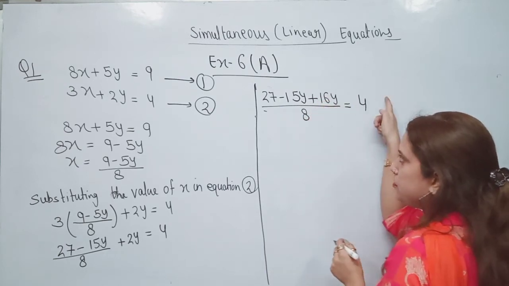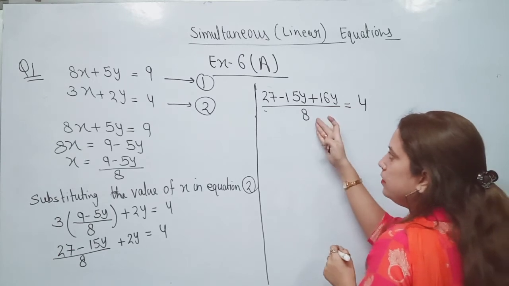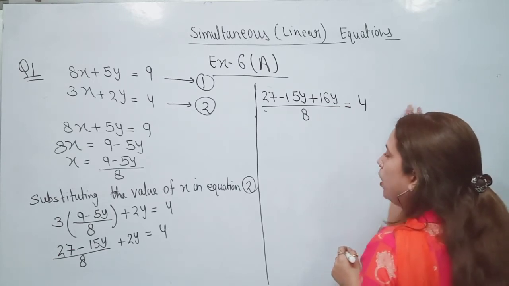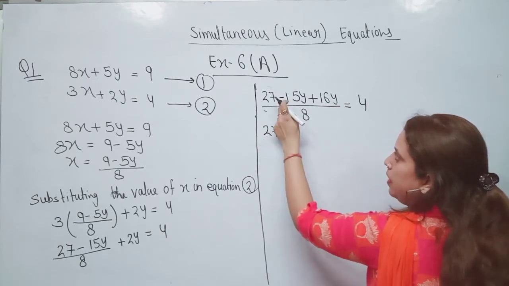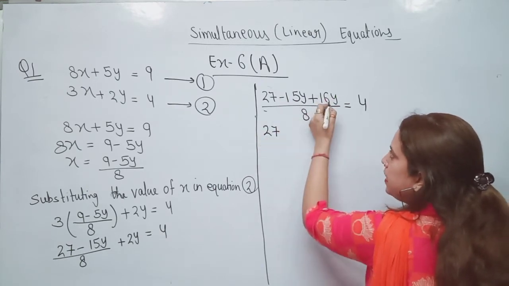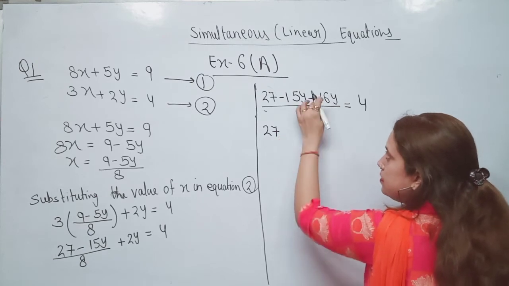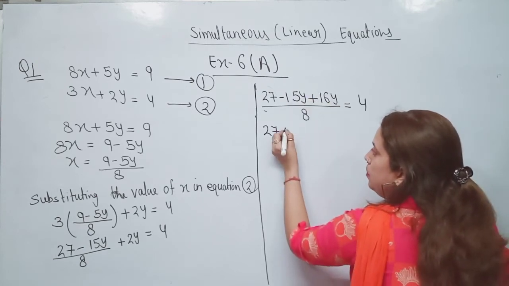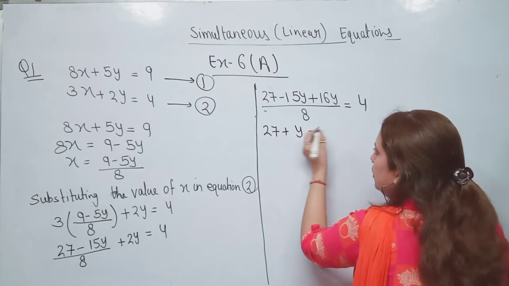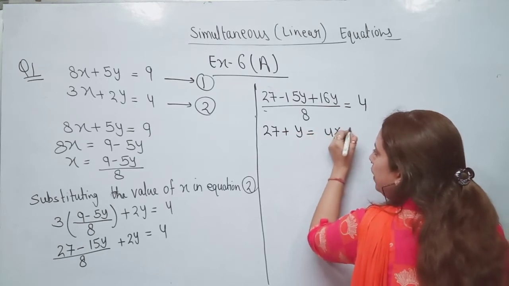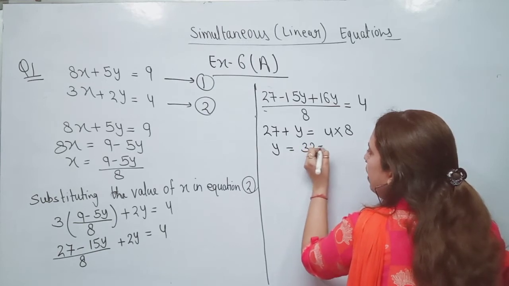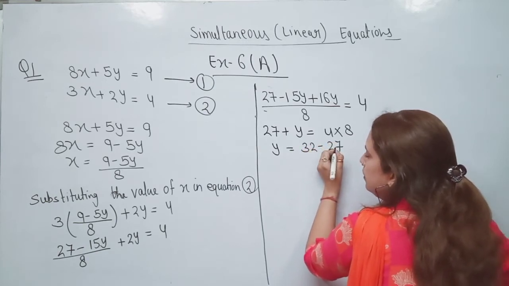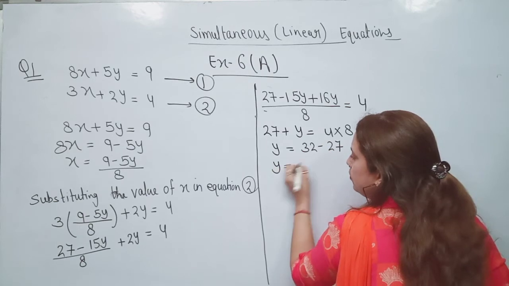Now we will do the cross multiplication with the LCM 8 on the right hand side. So it will be 27 minus 15y plus 16y, the sign will come plus because positive is greater, plus y is equal to 4 into 8. So y will be 32 minus 27. So the value of y is equal to 5.